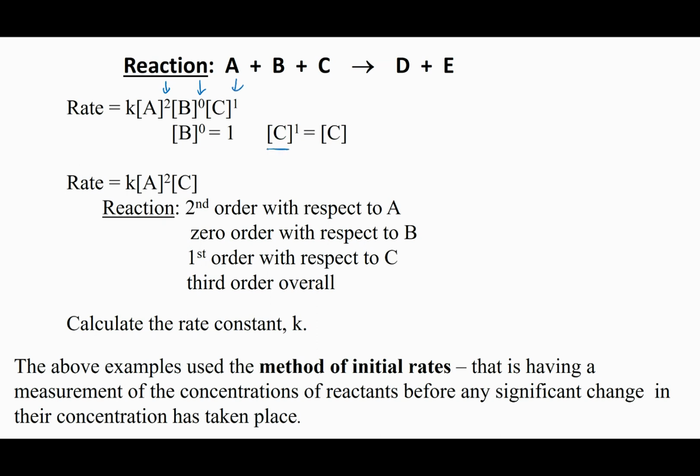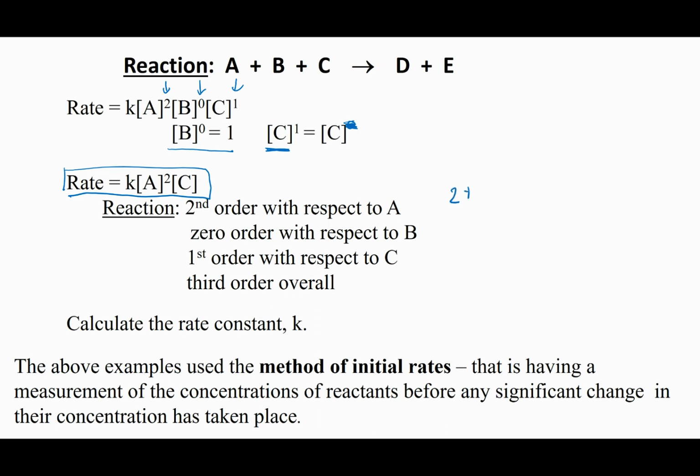Now, in general, if something is raised to the first power, we don't usually put the 1 there, so you guys don't have to put the 1 there. And then anything raised to the 0th power is always going to be 1, so we can simplify our rate law right here. And so what this tells us is it's second order with respect to A, 0 order with respect to B, first order with respect to C.